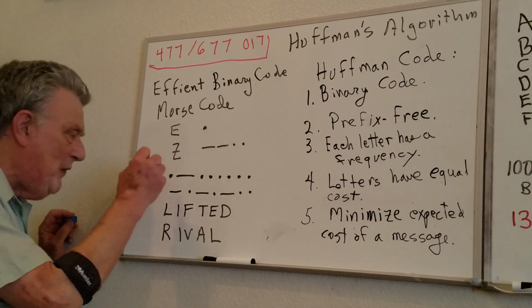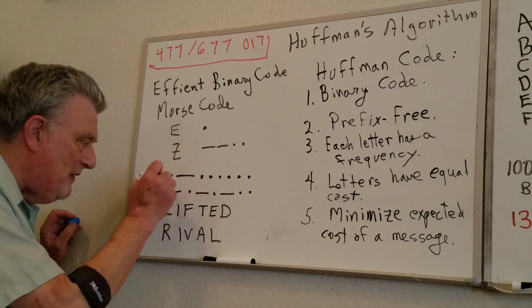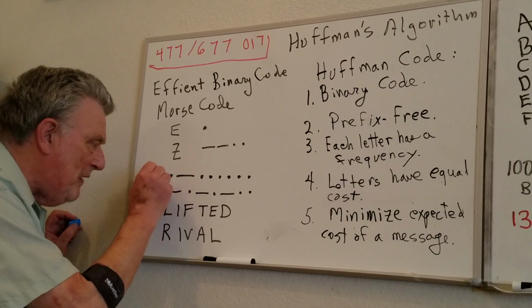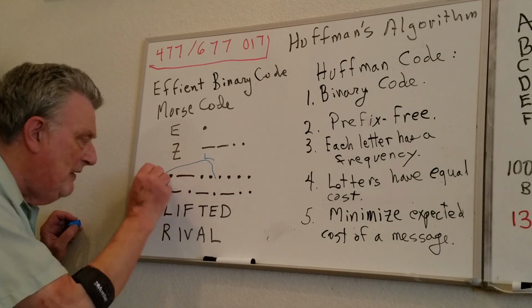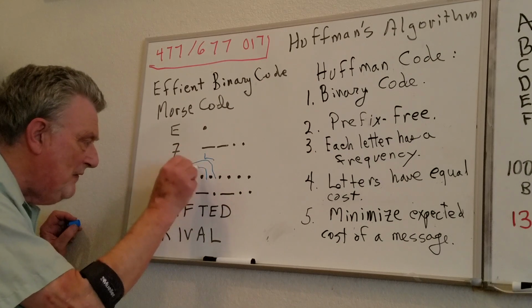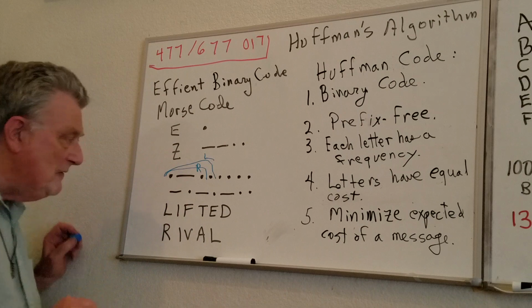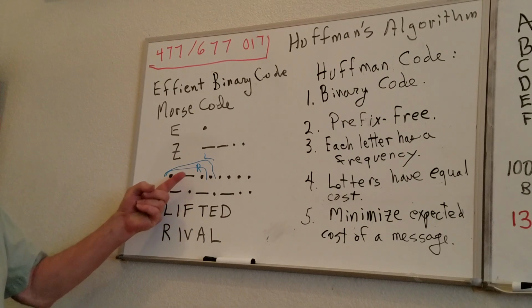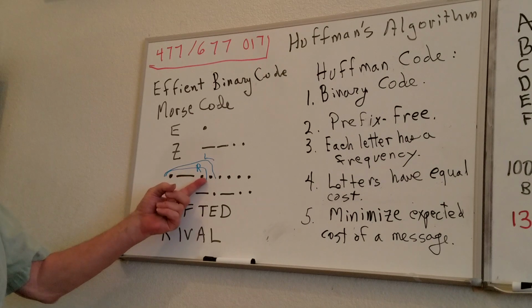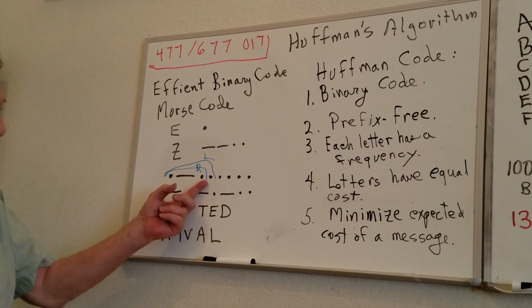But it's not a prefix-free code, because you notice, for example, that this code string is L, and it has a prefix, which is R, which means as you read this string, when you get to this point, you don't know whether to stop or not.